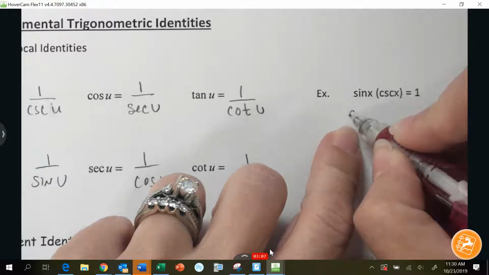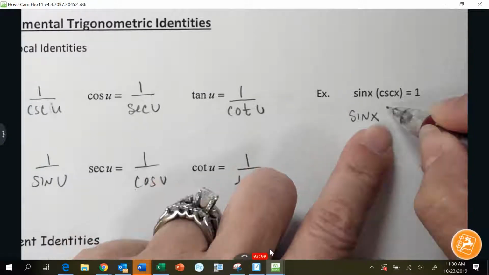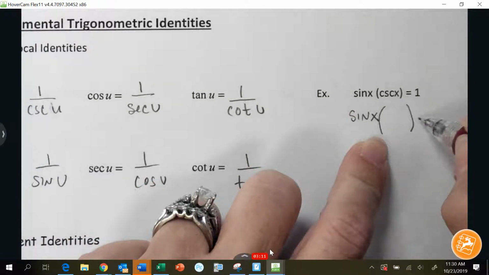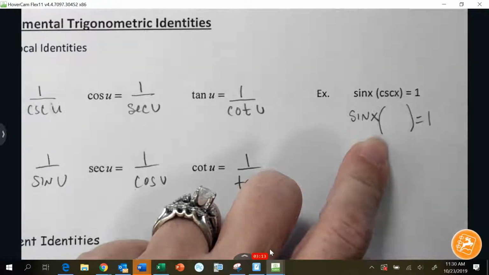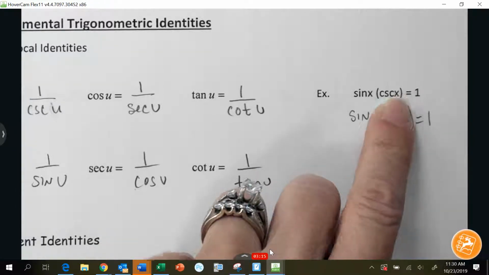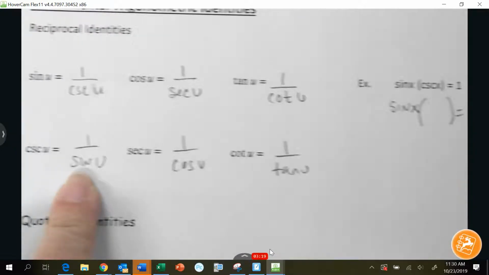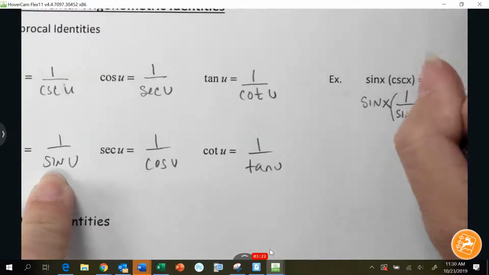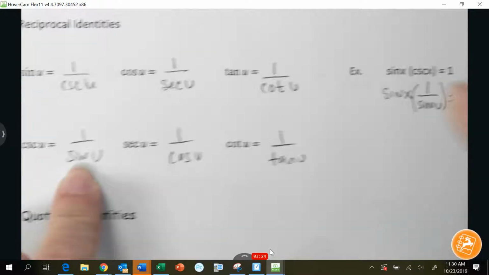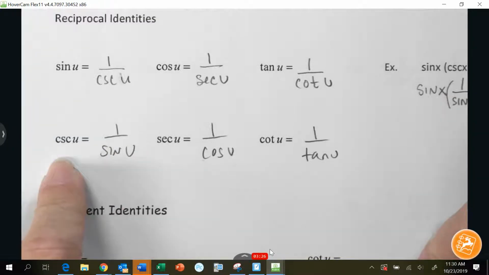Sine x and cosecant x, what I'm going to do is I'm going to use a substitution property. Instead of cosecant x, I'm going to put what cosecant x equals, which is 1 over sine u. So I'm using the substitution property because these two things are equivalent. So I'm substituting.